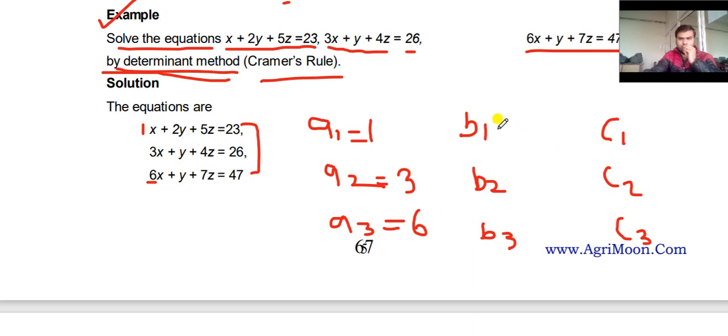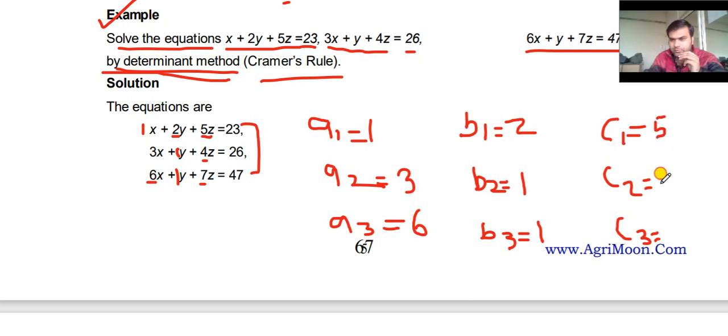Similarly, for b1, b2, b3, b is the multiple associated with y. So here b1 is 2, b2 is 1 and b3 is also 1. So we write 2, 1, 1. Similarly c1, c2 and c3 are 5, 4 and 7. So we write 5, 4 and 7.